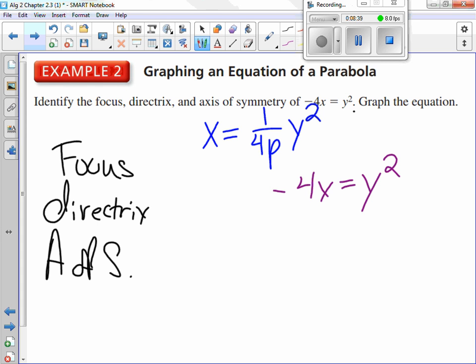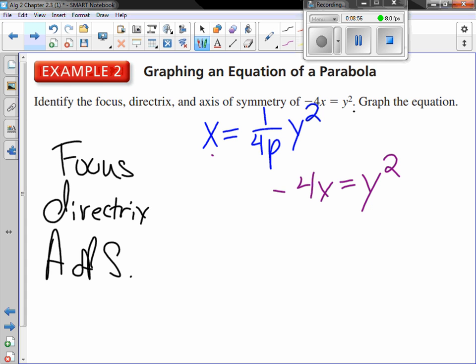So it's either going to open to the left or to the right, and since it's negative, we'll deal with that in a minute. I don't make any decisions about which way it'll open or the value of p yet. Because we said we're going to have x by itself for this example. Is x by itself? Well, no, we have negative 4x, yes?